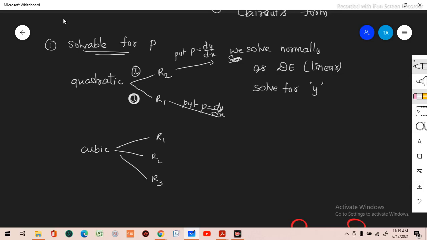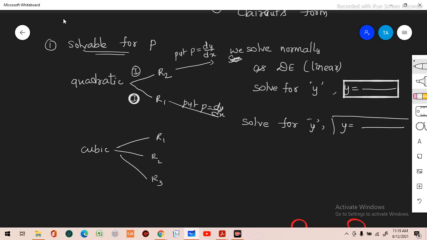What do you mean by solve for y? We will get the solution in terms of y. This is for the first root. Similarly for the second root also we will solve for y. So this is my first solution, this is my second solution.